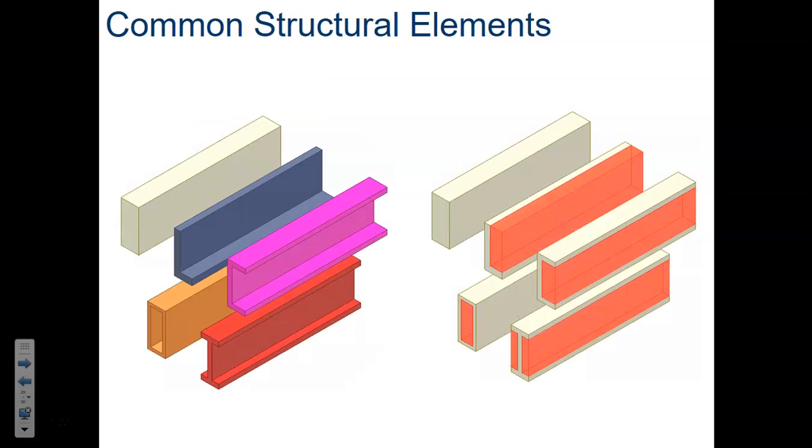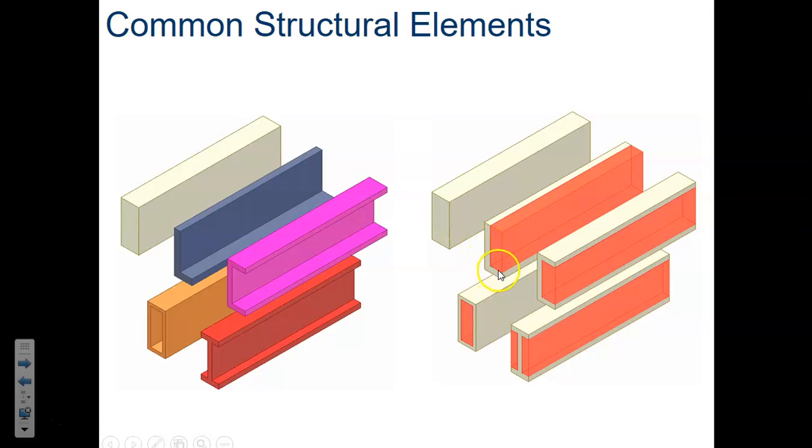So just to keep in mind, it's very common when we build stuff that we use these beams. We can use a C beam, an I beam, a box beam, an L beam, or a solid beam. And so we can think of these as being subtracted off from a box beam.